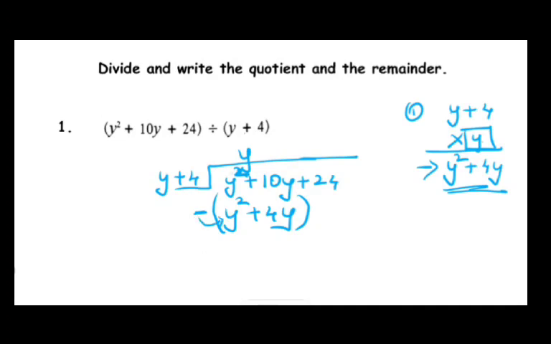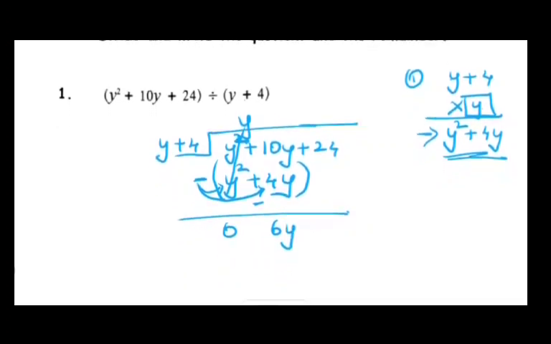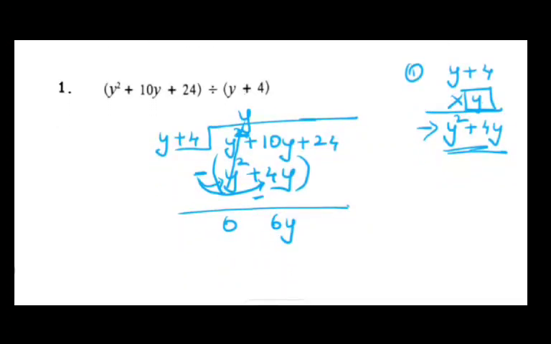So, y square minus y square gets eliminated, becomes a 0. This minus sign applies to 4 as well. So, it becomes minus 4y. 10 minus 4 makes it 6. Sign of the bigger number, which is 10. 10 minus 4 is 6 and y continues.